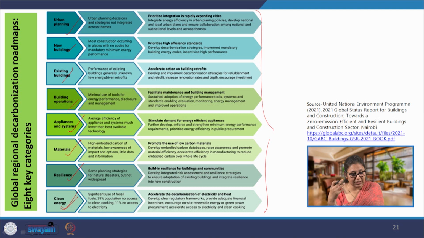Then we have to stimulate demand for energy efficient appliances, and we have to encourage the market for efficient appliances. We have to increase the standards of the appliances too. If you are aware of the BEE star rating, 10 years back we did not have a lot of companies with star rated products, but now more and more companies are adopting the scheme.